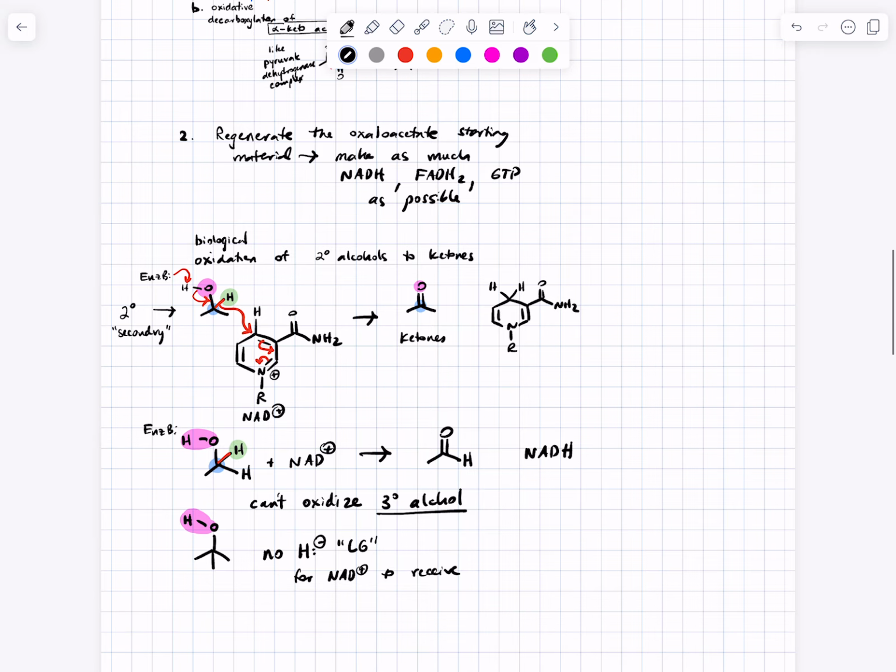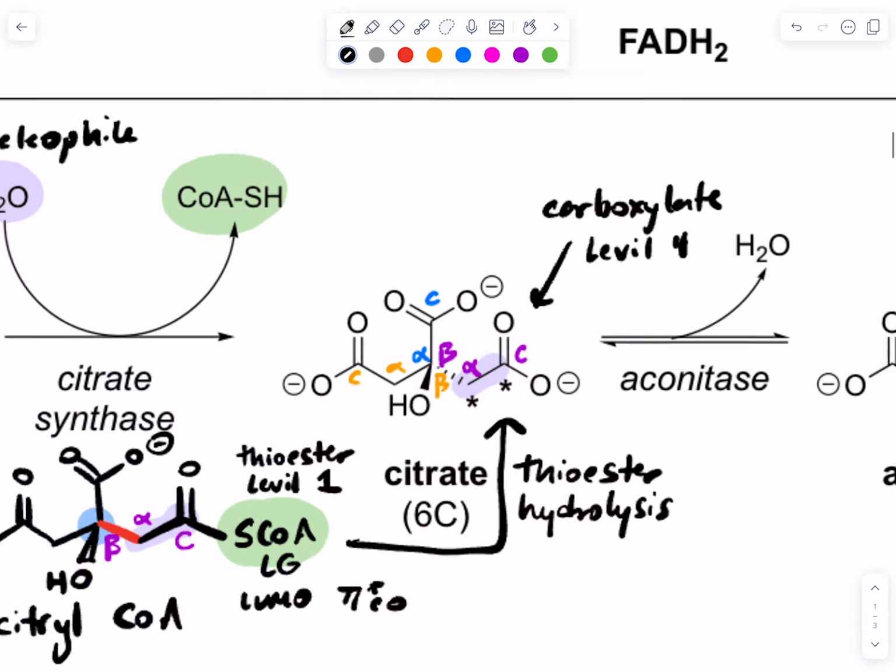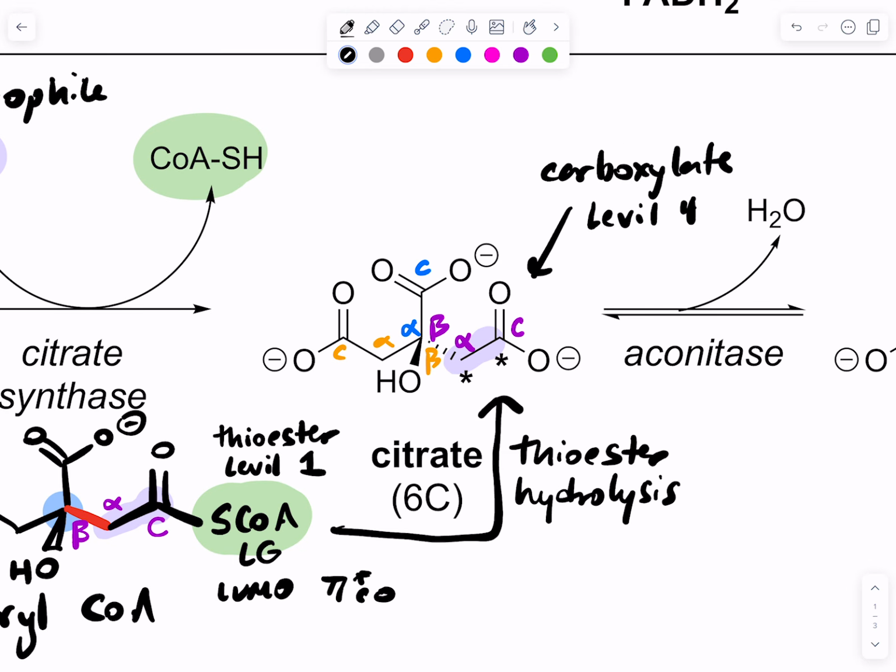With that in mind, let's go back and look at citrate and see what situation we're in. The oxygen is in a decent spot, but what kind of alcohol is it? Are there any hydrogens? No. Citrate is a tertiary alcohol, and so it can't be oxidized.